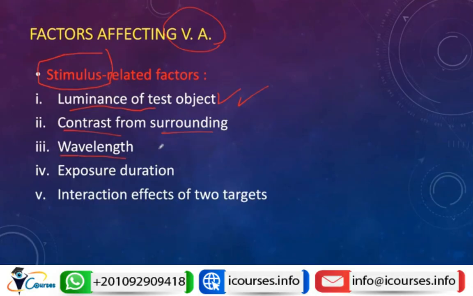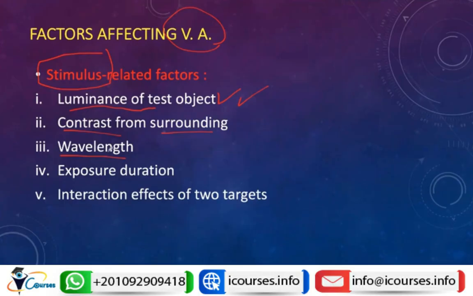Wavelength is also important. Usually we use a visual acuity chart made of white light or monochromatic light, because it shows the best visual acuity possible. This is followed by yellowish light and other wavelengths like blue and green.